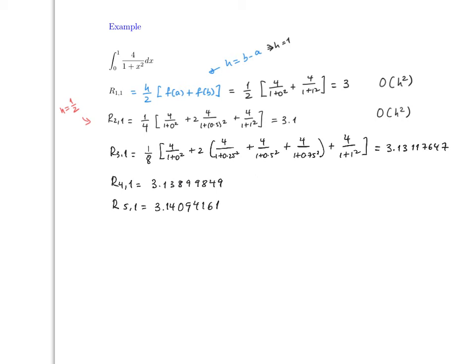And remember that this one is also big O of h squared. So now let's find an approximation of big O of h to the 4.